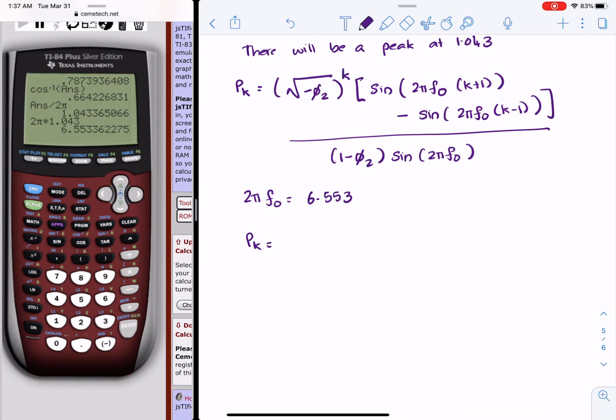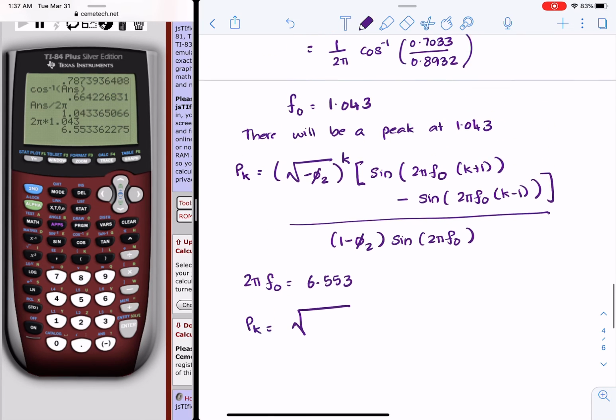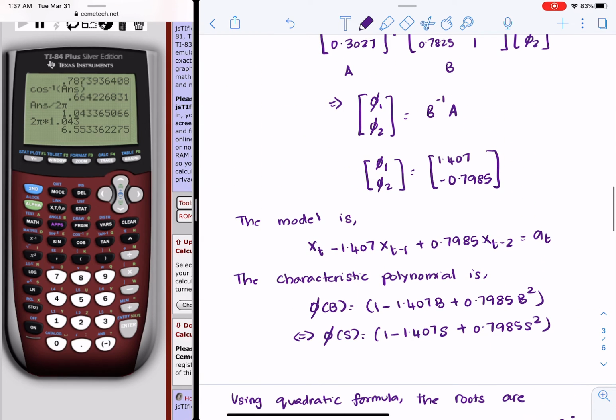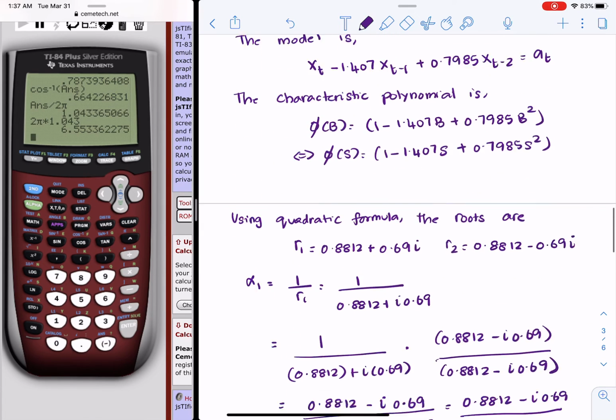So rho k would now equal square root. We derived v2 to be negative 0.7985.